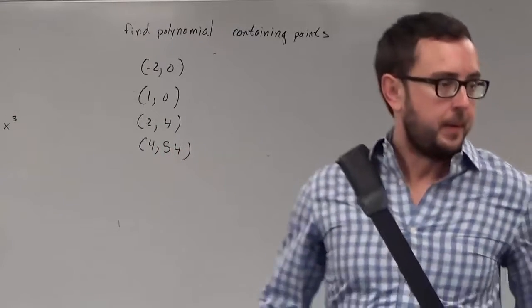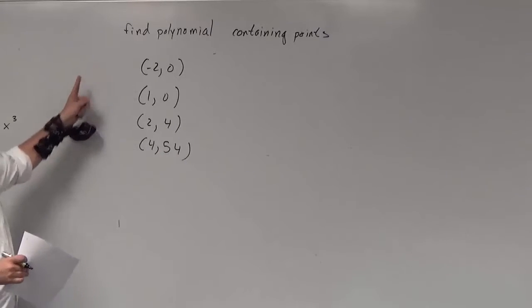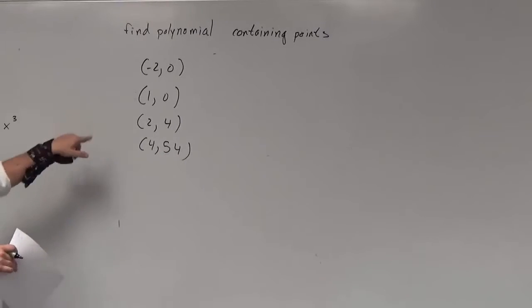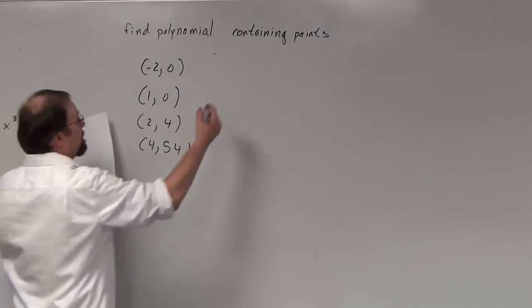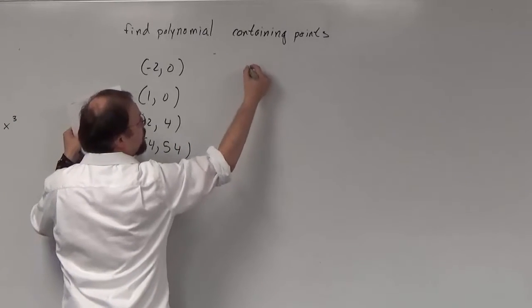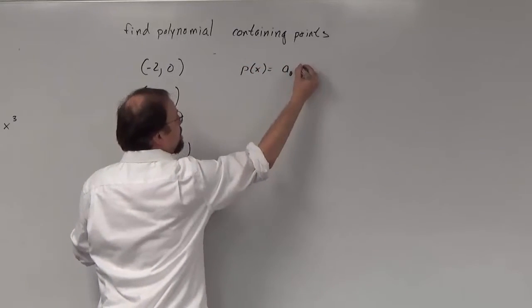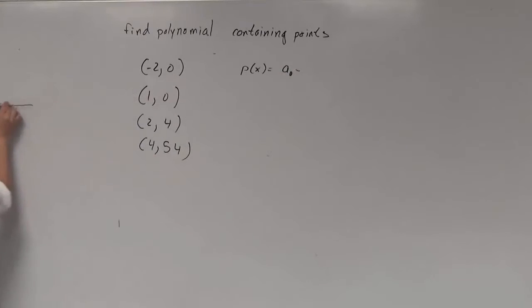Well, it's 4 points. I'm guaranteed that there's some cubic. None of these points are on top of each other vertically, so I can fit a function. So I'm going to assume a polynomial of degree 3.